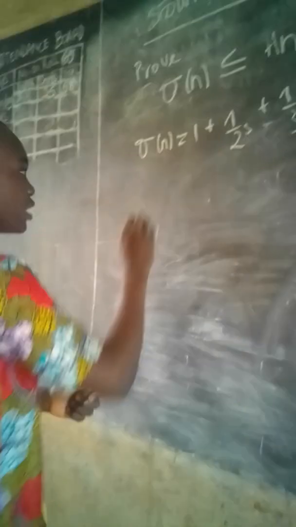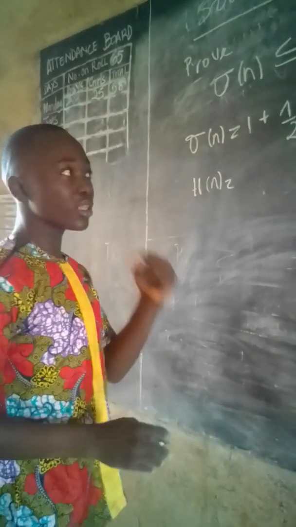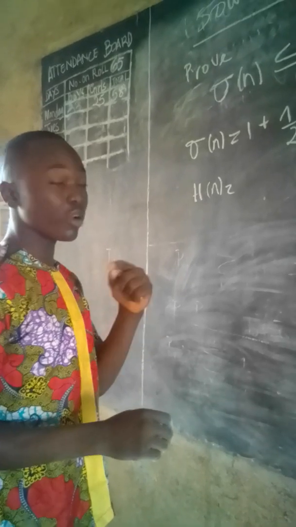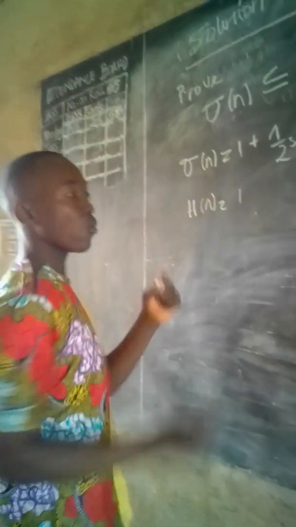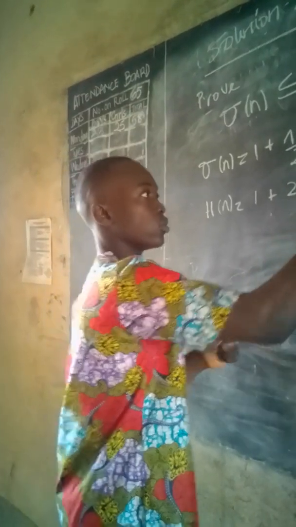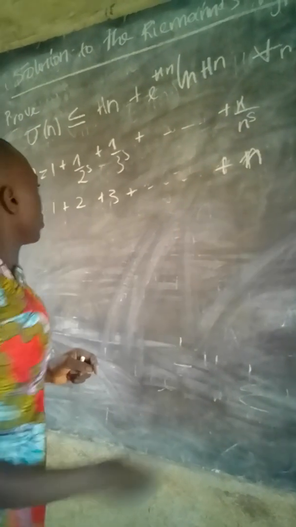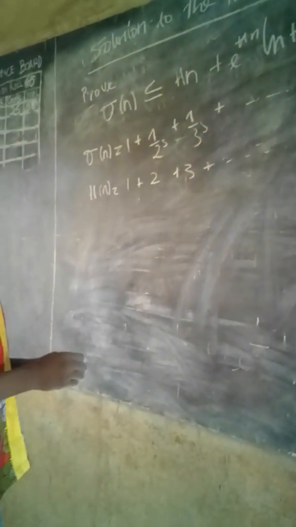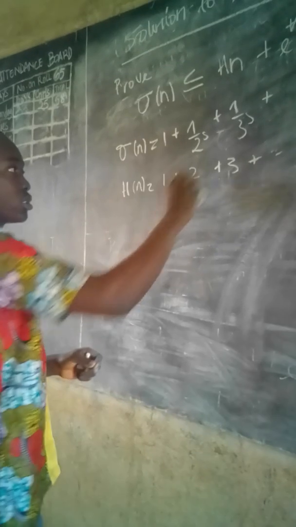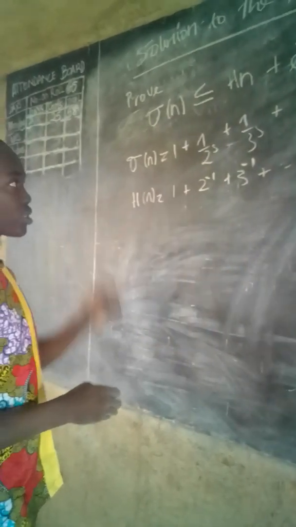Now, our Hn is the summation of all the possible whole numbers from 1 up to n. This is sigma n and this is Hn.